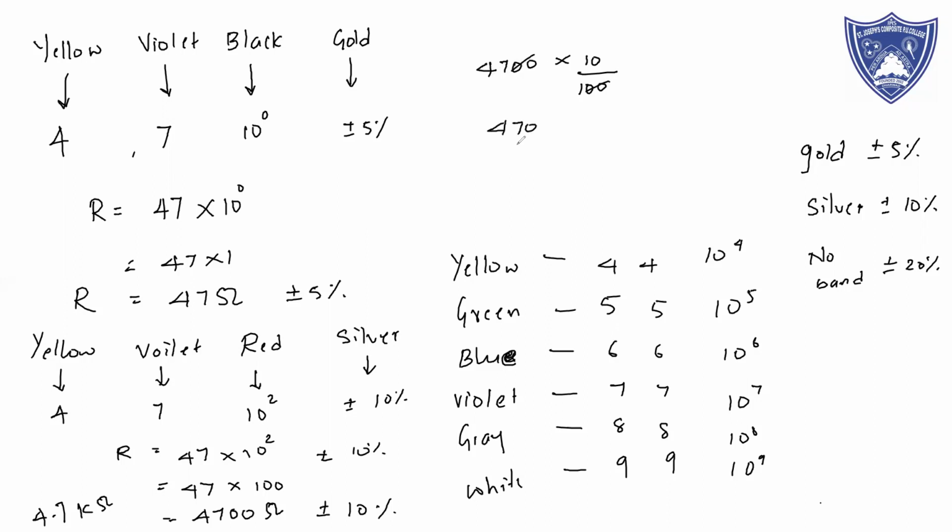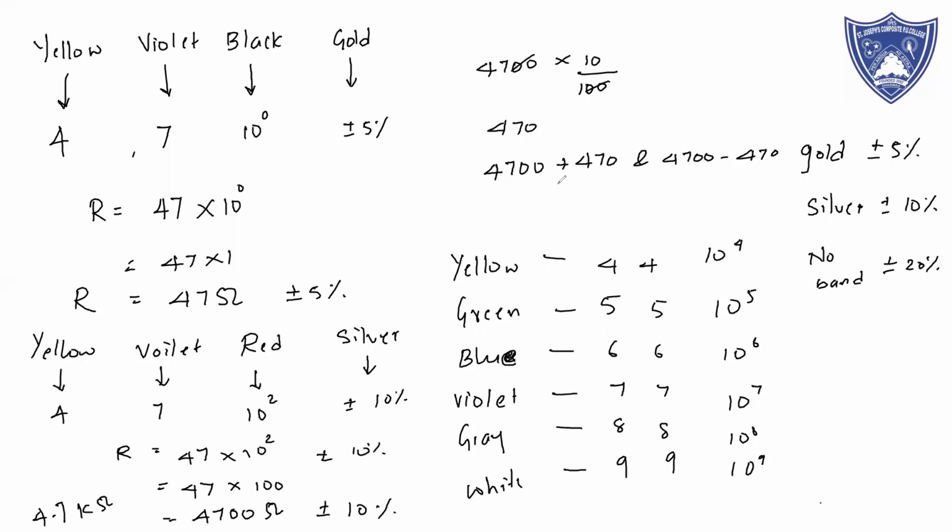Okay, now how to calculate the range? The value of resistance 4,700 plus this 470, and 4,700 minus 470. Why am I taking both plus and minus? Because they have given plus or minus 10%.